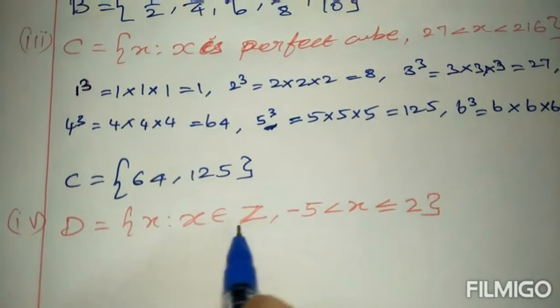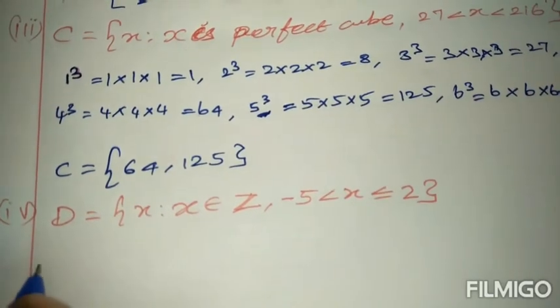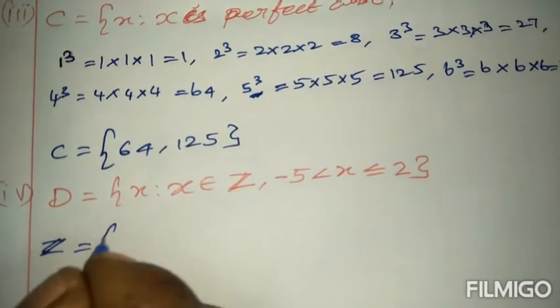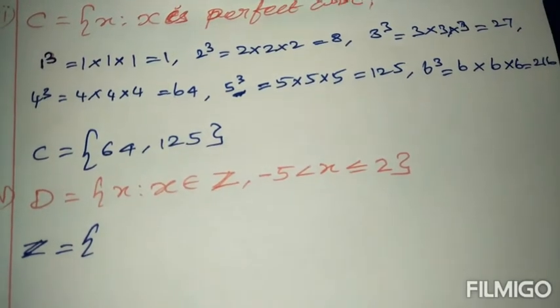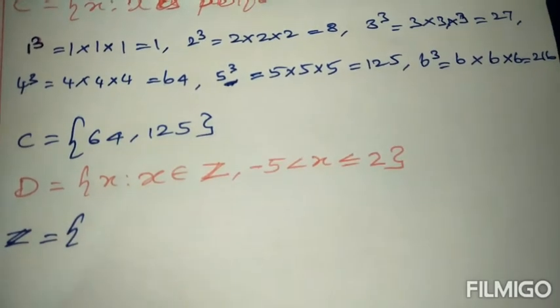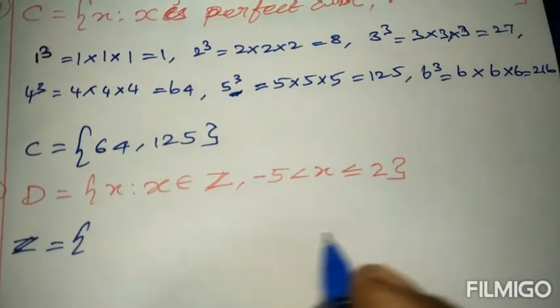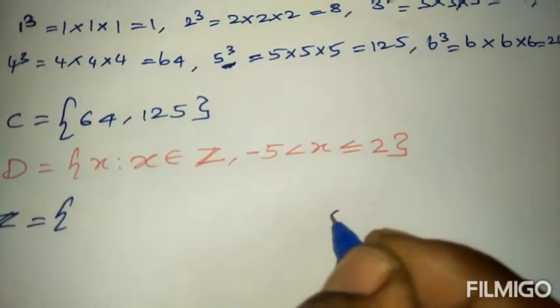See, the elements are integers. So let us list the integers first. The integers are positive numbers and negative numbers and 0. Now let us list the integers.